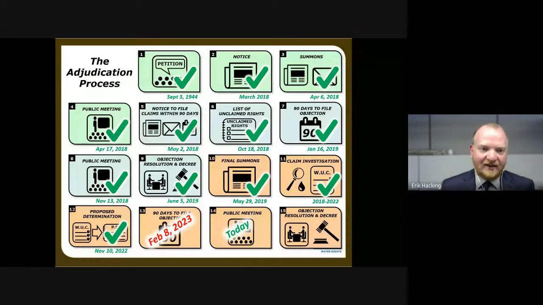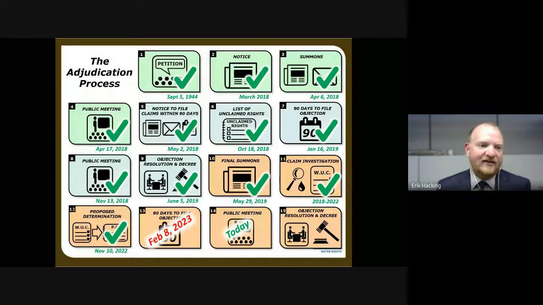This happened on October 18th, 2018, after which there was a 90-day objection period where if there were any rights of record that had not been claimed, and if they were yours, this was your opportunity to file an objection and get those removed from the list of unclaimed rights.